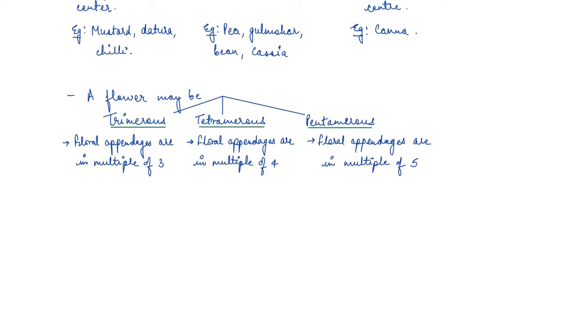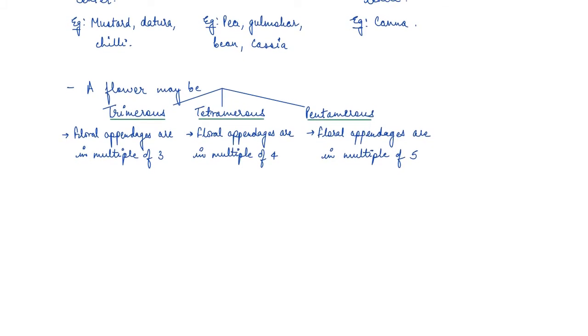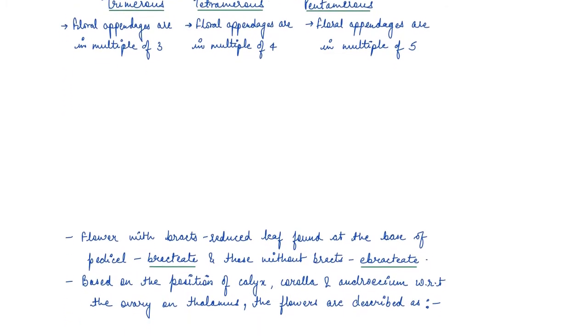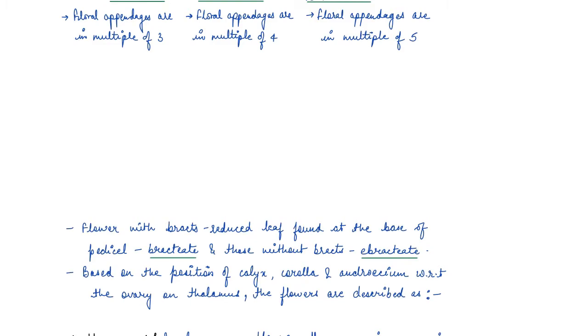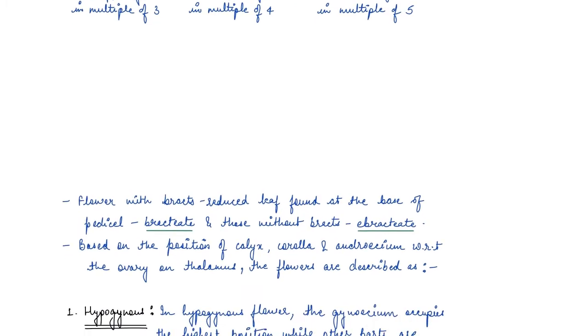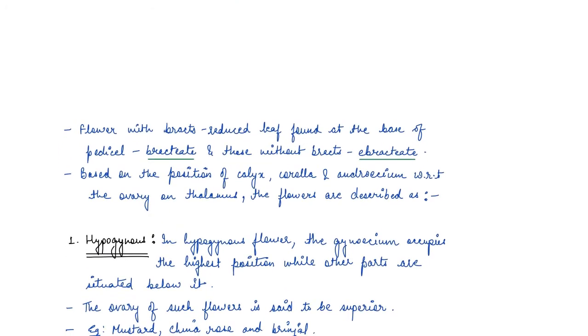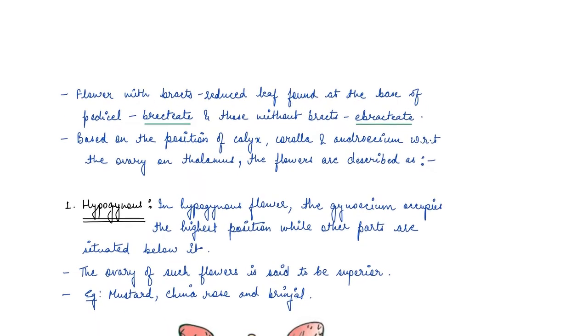If floral appendages are in multiple of 3, it is trimerous. If it is in the multiple of 4, it is tetramerous. And if it is in the multiple of 5, it is pentamerous. Right? Now, flowers can be bracteate or ebracteate. Flowers with bracts, that is reduced leaf found at the base of the pedicel, is bracteate, and if it does not have bracts, it is ebracteate, right?